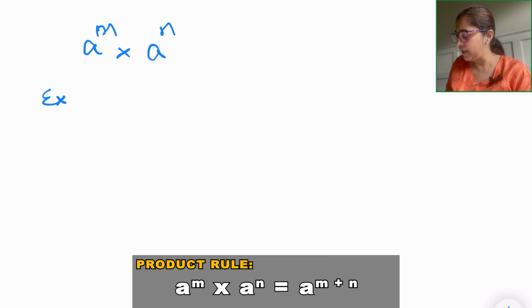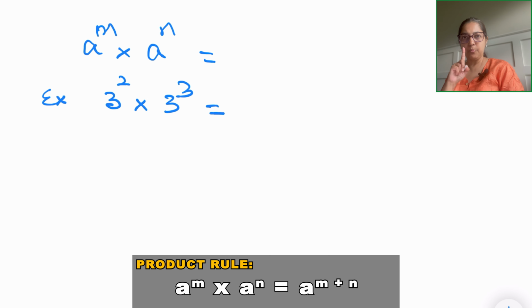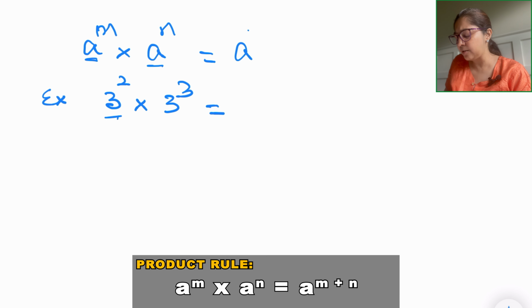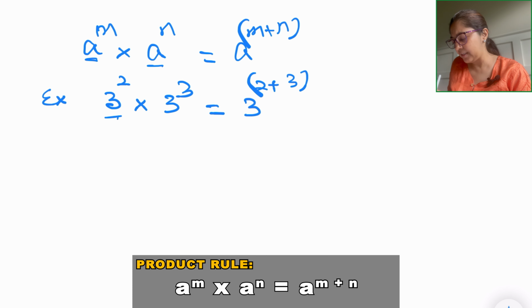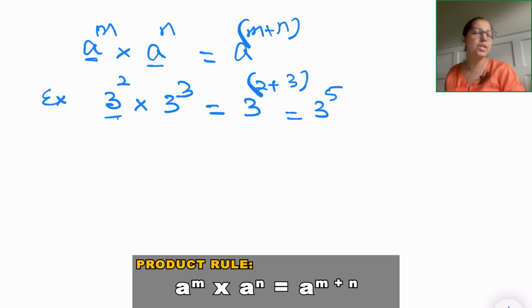As an example, we can take 3 power 2 times 3 power cube. Now, provided the condition is the base is the same, then the exponents get added. We just add the exponents: 3 to the power of 2 plus 3, which is 3 power 5, and then you key it into your calculator to get your answer.